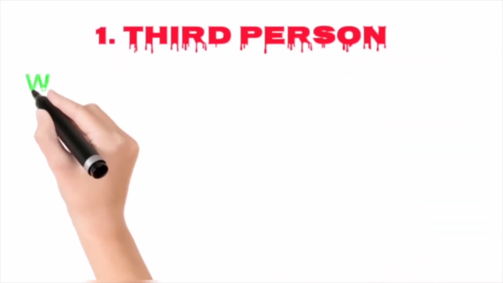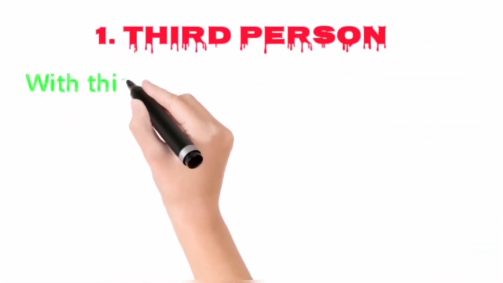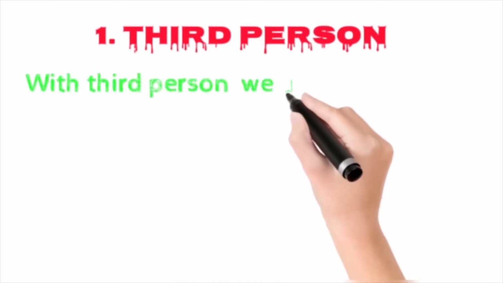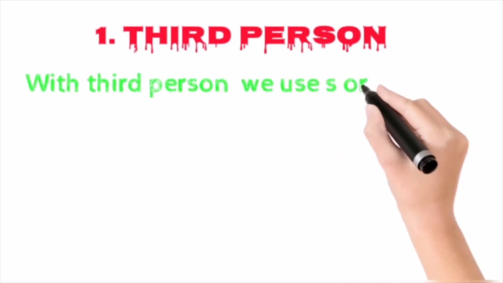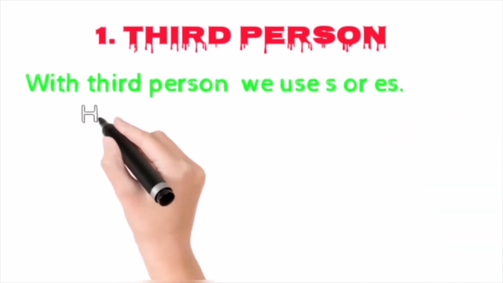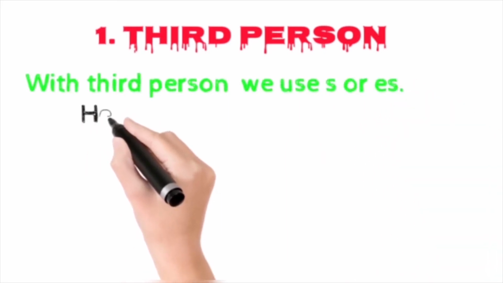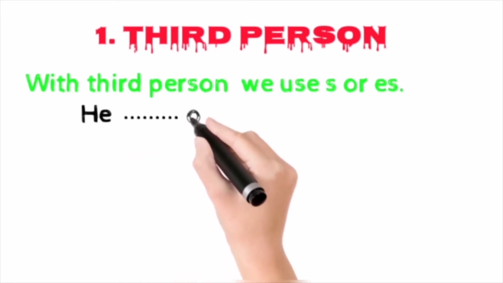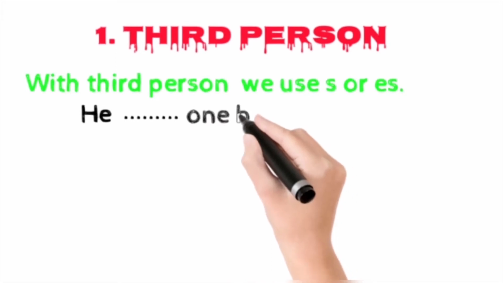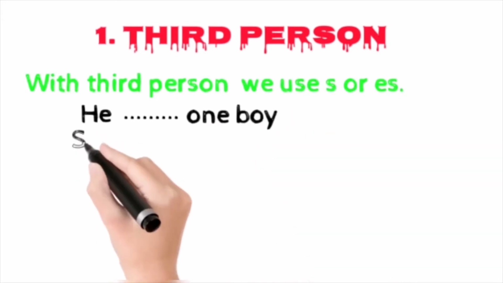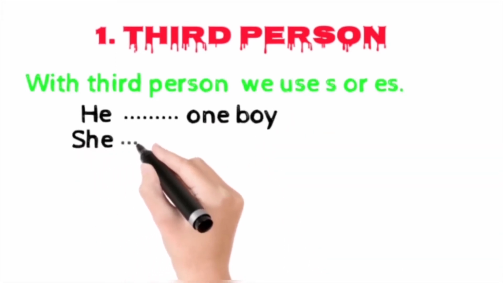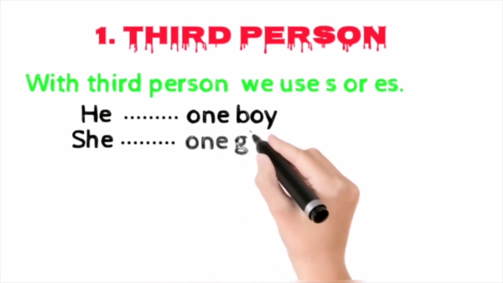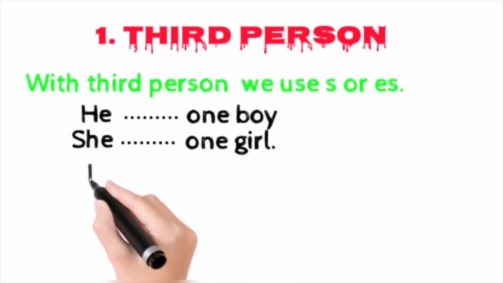Part number 1, third person. We have discussed third person singular. Singular means single, one thing or one person. So when we say he, she, it, it means third person. With third person we use s or es. He means one boy or one male. She means one girl or one woman.